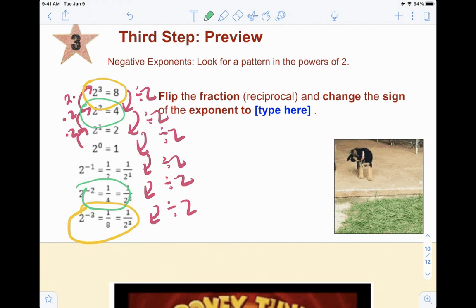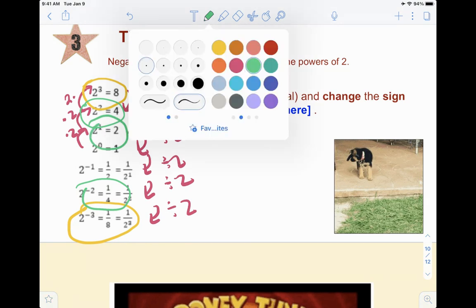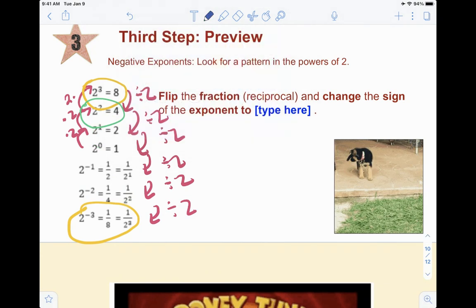And 2 to the negative 1 is just the reciprocal, and the exponent is positive. So when you have negative exponents, you flip the fraction or take the reciprocal and change the sign of the exponent to positive.